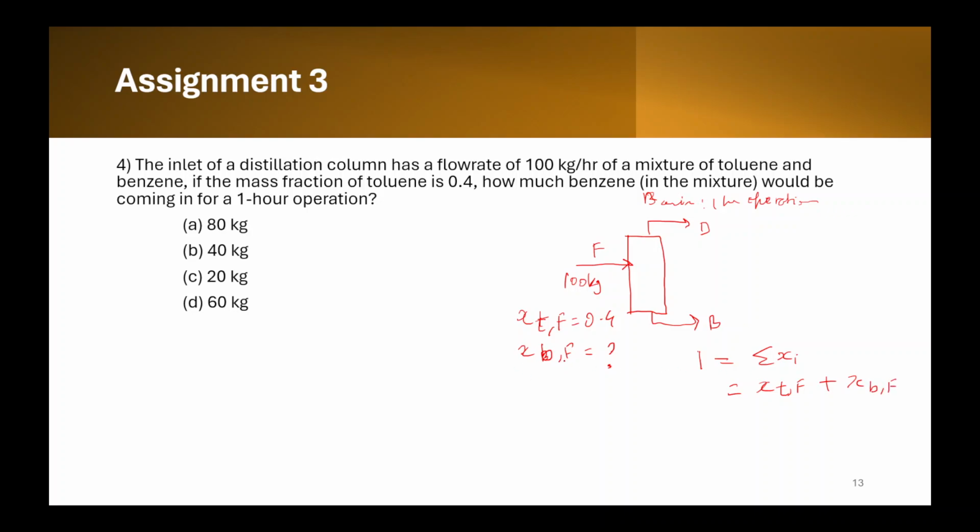This is the mass fraction of benzene in feed, and this is the mass fraction of toluene in feed. So 1 minus 0.4 will give us XBF, which is 0.6. This is the mass fraction of benzene in the feed.